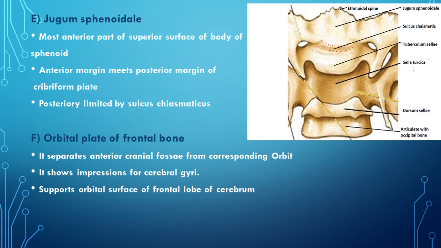Also, there are multiple impressions on this plate of bone for the cerebral gyri. This part of the frontal bone supports the orbital surface of the frontal lobe of cerebrum. And posteriorly, the orbital plate of frontal bone meets the anterior margin of the lesser wing of sphenoid.